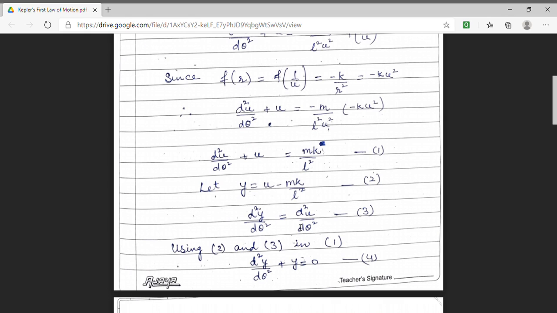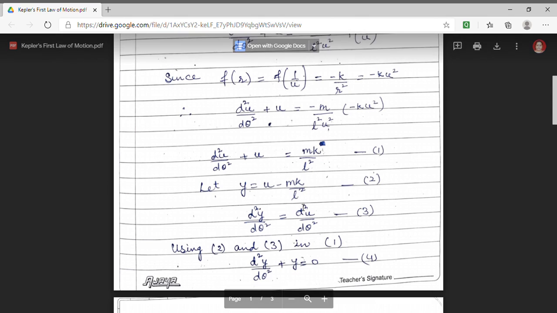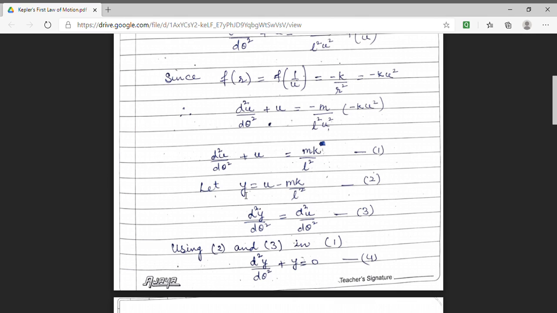Here I am writing the factor u minus mk upon L square to be y. Now I am changing my variable from u to y.